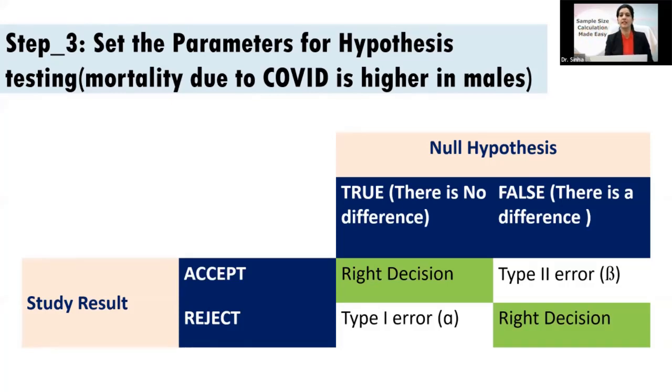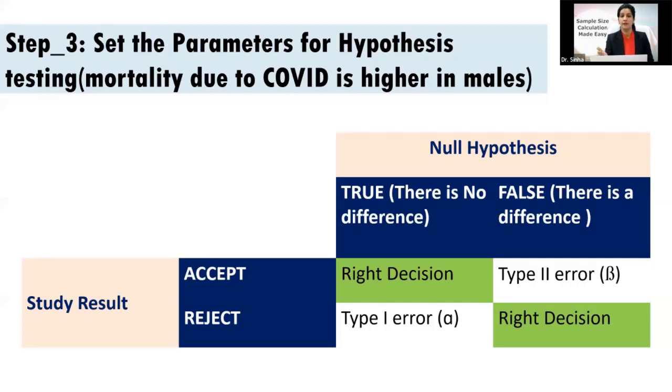You can make your power like 90% or 95%. We will see in the calculation of sample size, when we see the statistical calculation, that many researchers put their power as 90% or 95%. As you increase your power, your sample size increases because you need more sample to have that powerful detection of the difference which you are proposing in your study. Similarly, the smaller the alpha, the more the sample size increases.